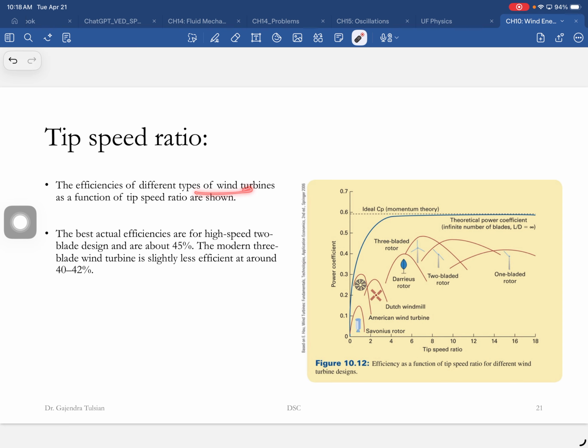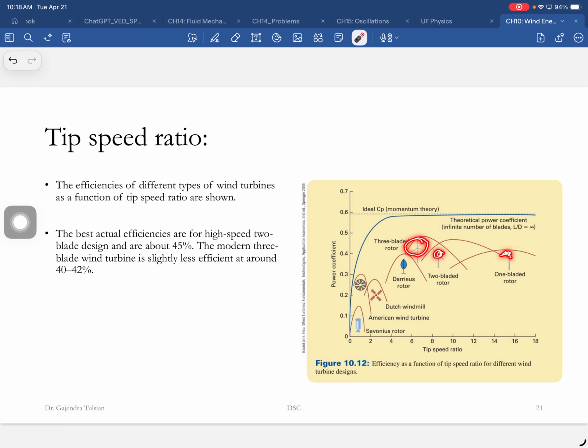These are efficiencies of different wind turbines. This is a vertical rotor. This is a 3-blade. This is a 2-blade. A 2-blade can be more efficient in power coefficient, except that it is unstable. This is a single blade rotor, and that's very unstable.